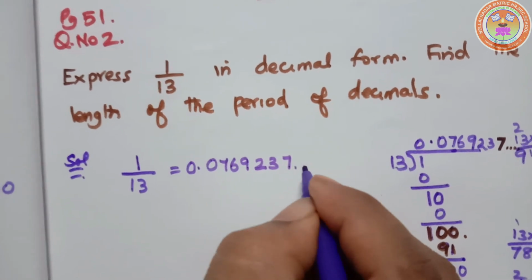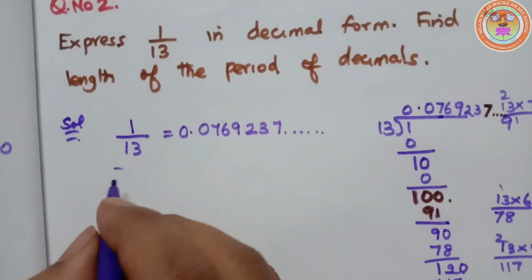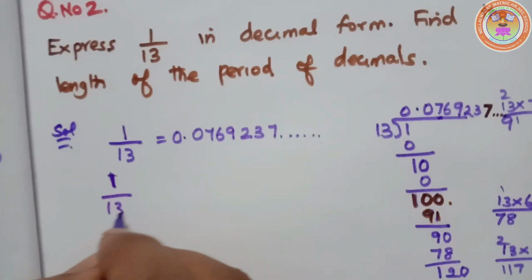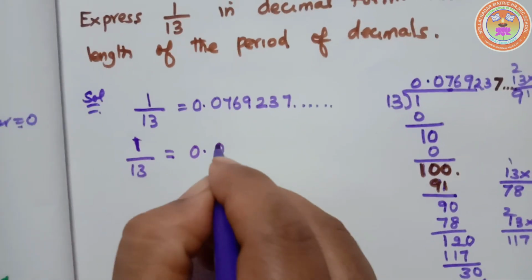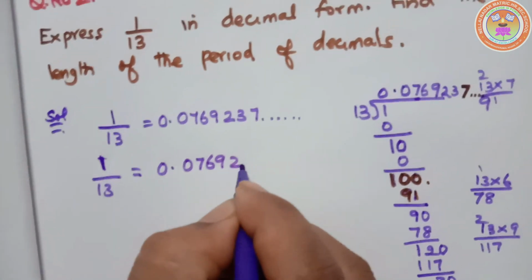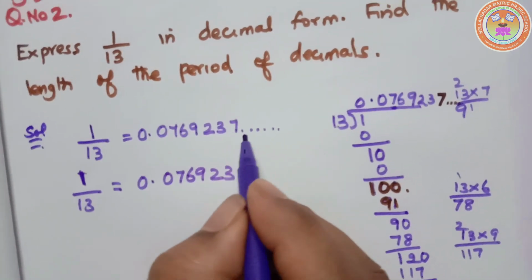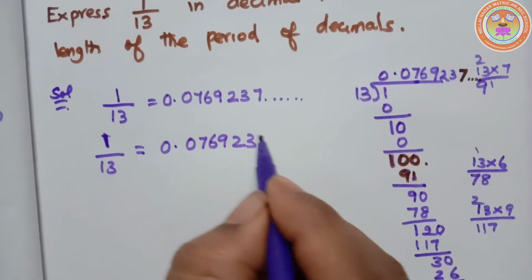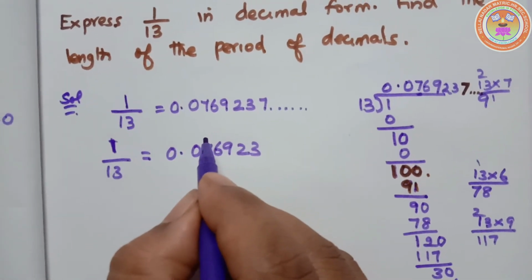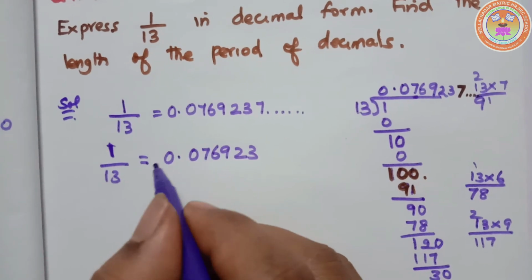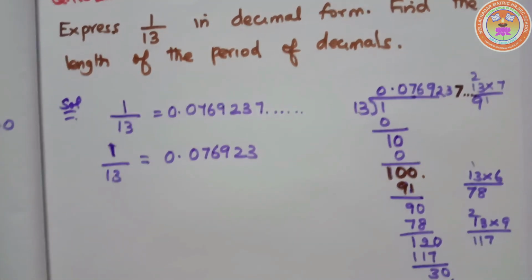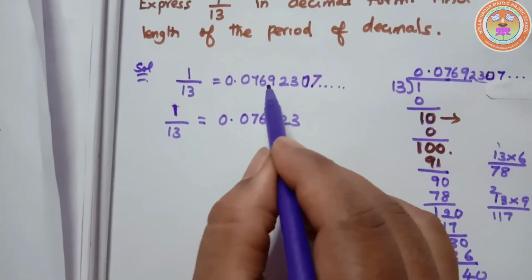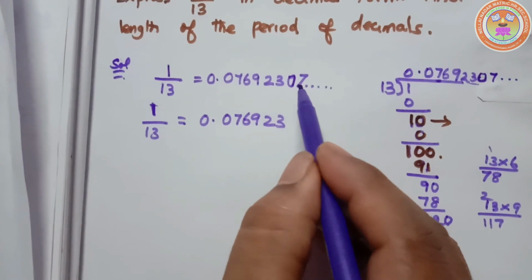So you have to write 0.076923 dot dot dot. That is, 1 by 13 equals 0.076923. Here you should not put 7 because again it is repeating. So I cannot put from 0. So where do I have to start? 0.07692307, again it goes on.